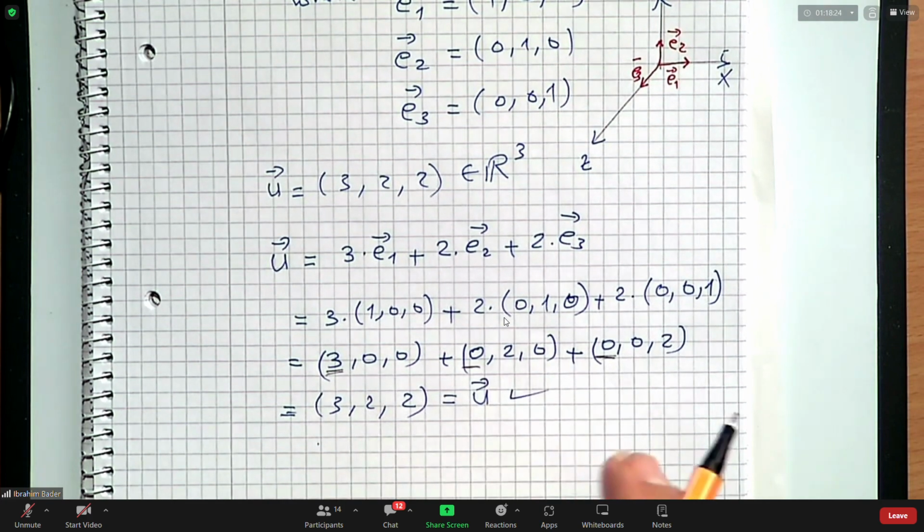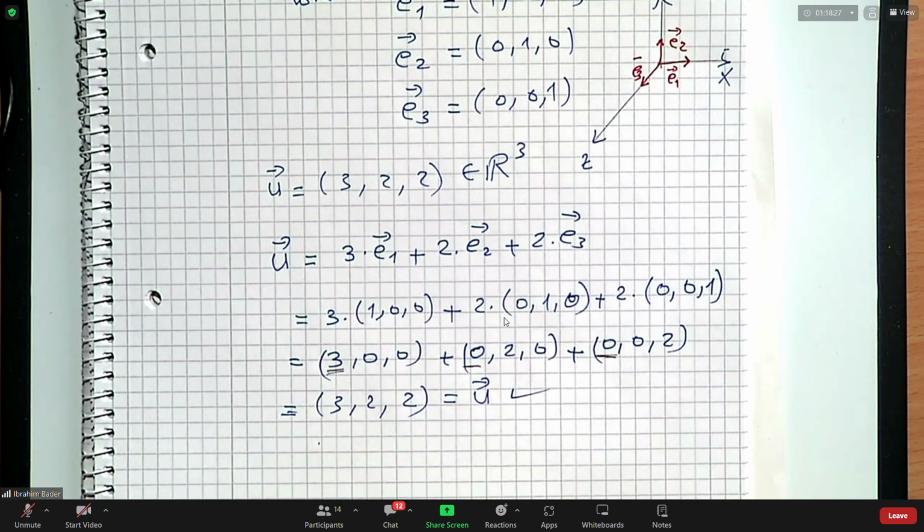So actually this will work for any vector. That's why we call this set of the three vectors something that will be used very often here, especially in the exercises.